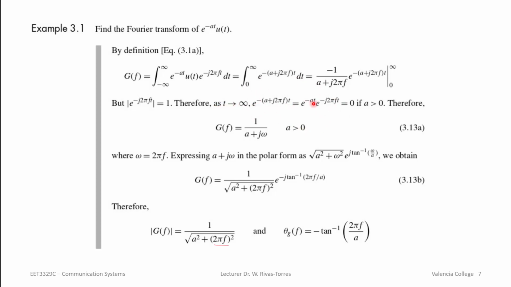Because as t grows larger and larger, this number grows smaller, and it's being multiplied by pretty much 1, and it doesn't matter what this other term does because this tends to 0. And that applies as long as a is a number greater than 0, or positive. So the only term that we're left with is evaluating this at 0. If you evaluate this at 0, e to the whatever that is, because it's multiplied by t, becomes 1.